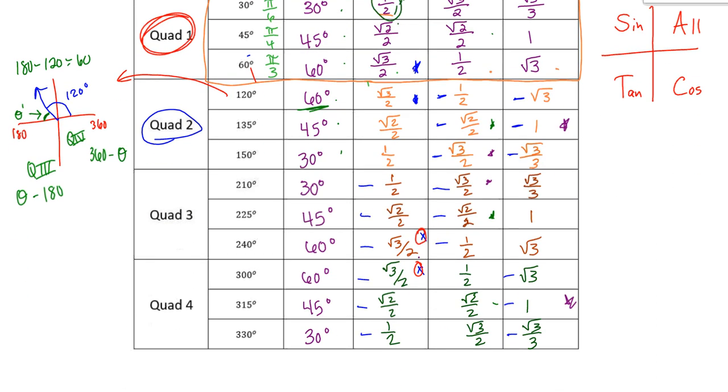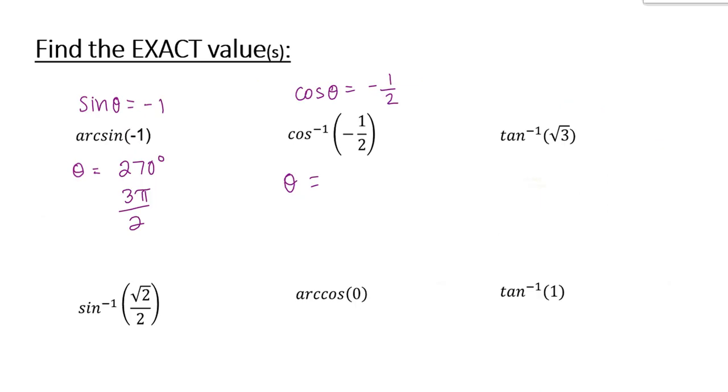Table says cosine -1/2 at 120 and 240, that is 2 pi over 3 and 4 pi over 3.